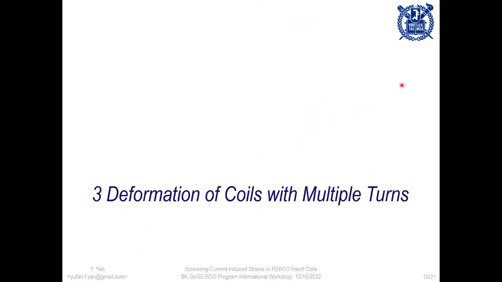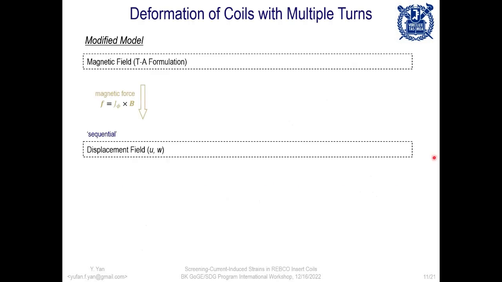Then we continued this study on the coil wound with multiple turns. Here is an overview of this modified model. First we have the magnetic field, which is solved by using the TA formulation, and then the displacement field by applying the magnetic force extracted from the magnetic field model.